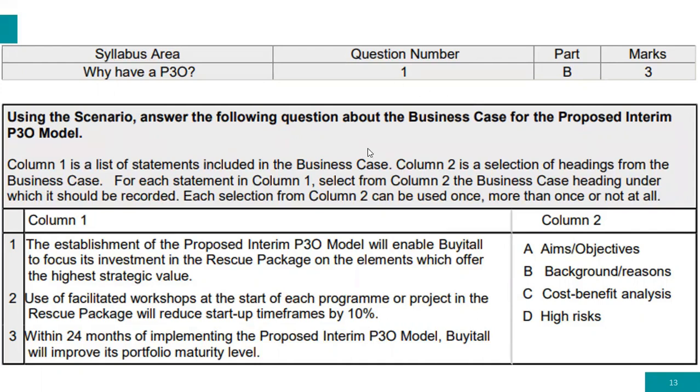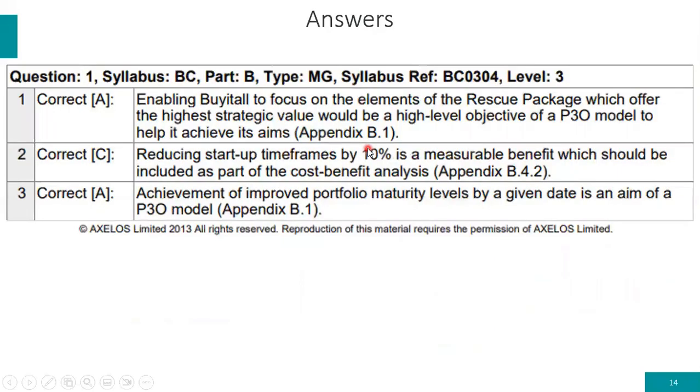Let me just flash the answers for you too. I have already given you the rationale, but these are the correct answers and the appropriate rationale. They are pointing you to a particular appendix. Appendix B is an appendix where you have the contents of a business case. So my recommendation would be to be familiar with the contents of Appendix B.